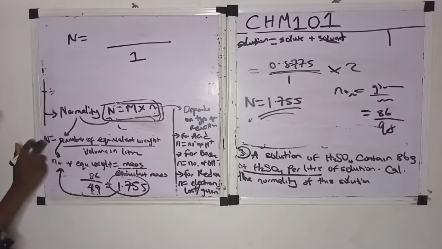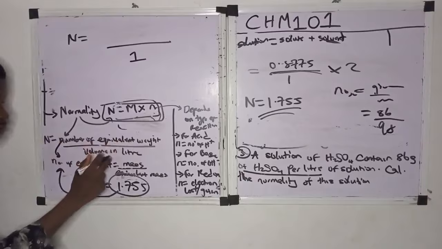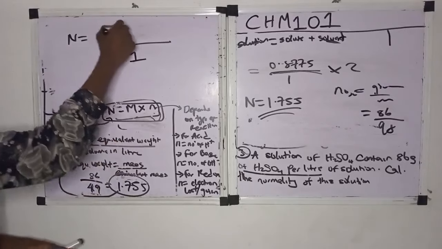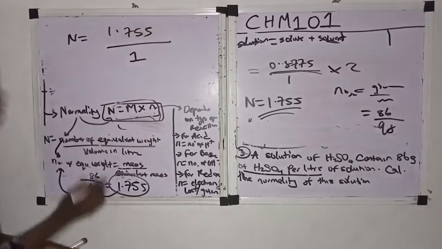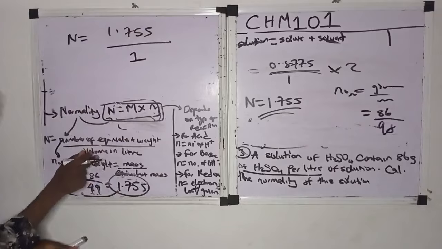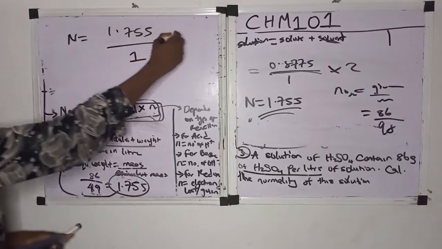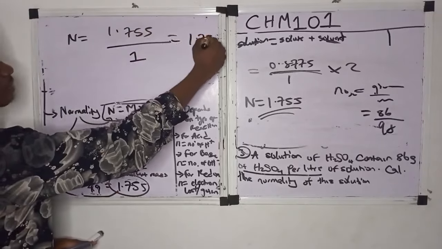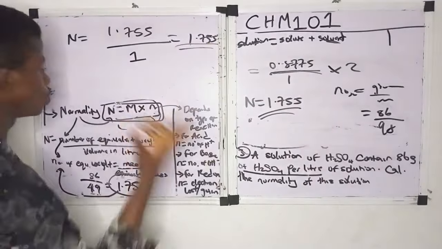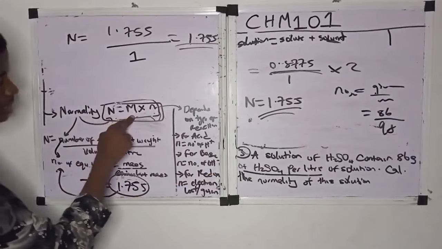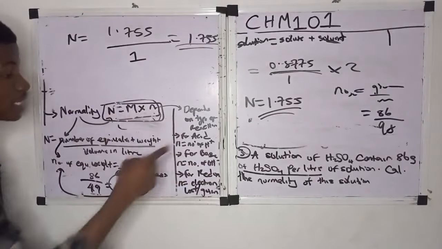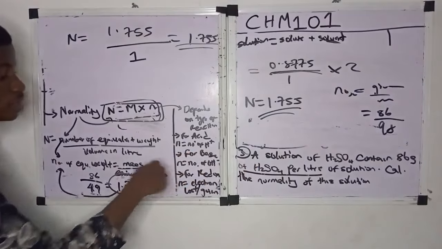So remember, normality is equal to the number of equivalent weight divided by volume in liter. Our number of equivalent weight is 1.755, divided by the volume in liter, which is 1, so you still get 1.755. That is the other way to get normality. There are two ways. The first way is molarity times n, which is the n factor. If it's a base, n will be the number of OH.